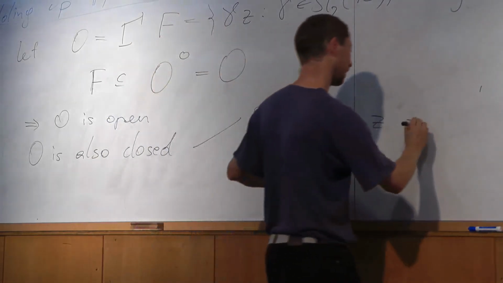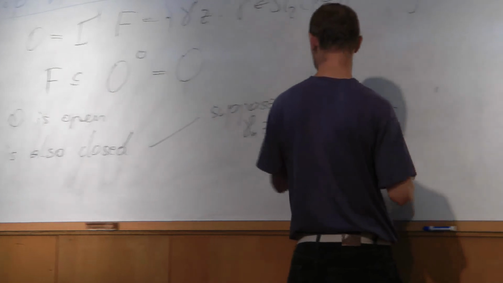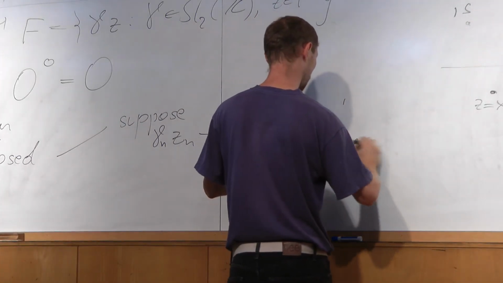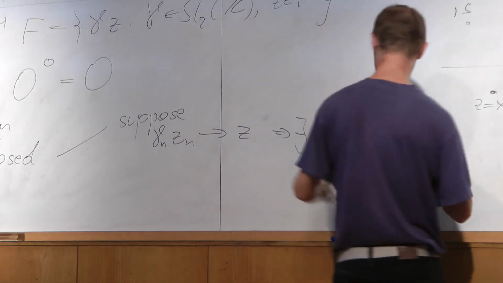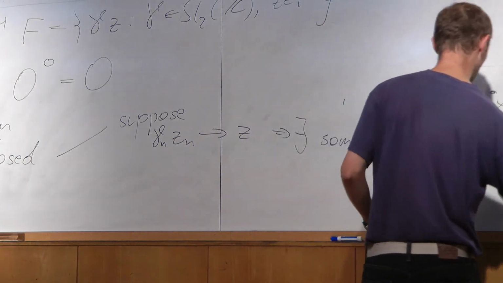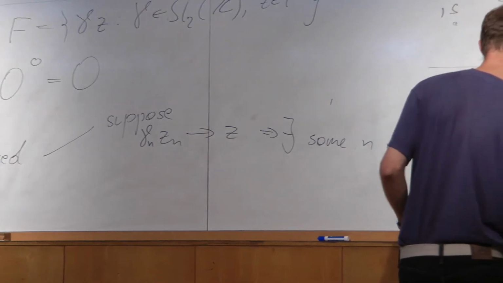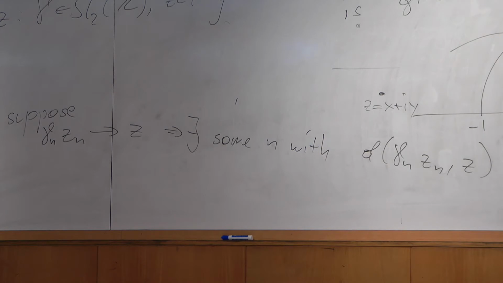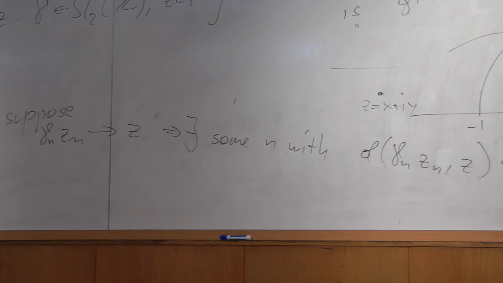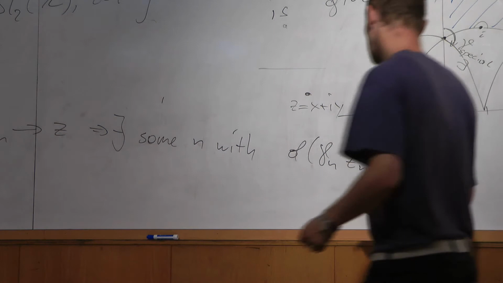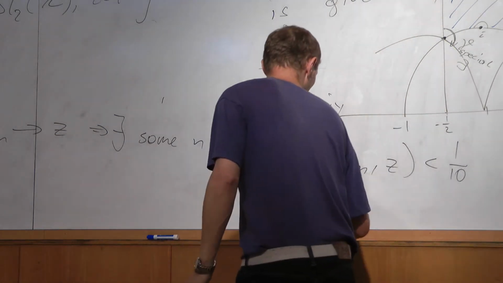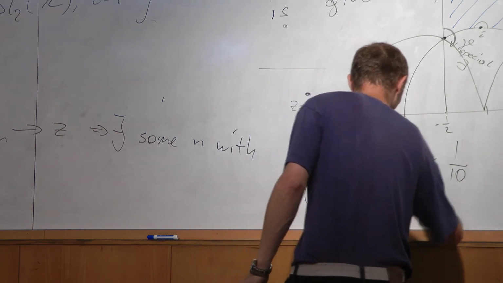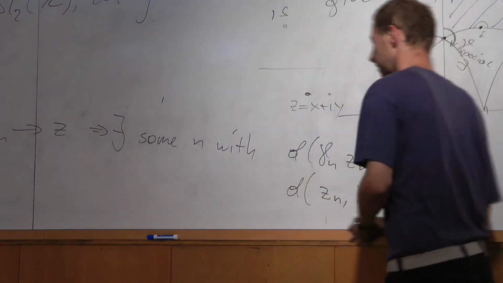Then there exists some n with distance of gamma n Zn to Z less than 1 over 10. Whatever. Oh, 10 is good. Which also means that the distance of Zn to gamma n inverse Z is less than 1 over 10.